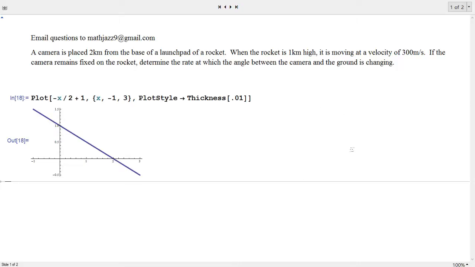So our rocket is going to be at this point on the graph, and our camera is going to be at this point on the graph. And we want to measure the angle between this line and this line. So to do that, what we see is that this is the hypotenuse and this is the adjacent. So the cosine of this angle is going to equal this length divided by this one.